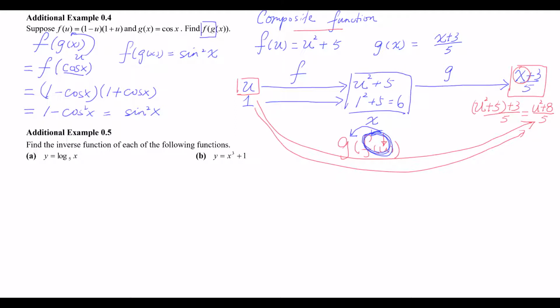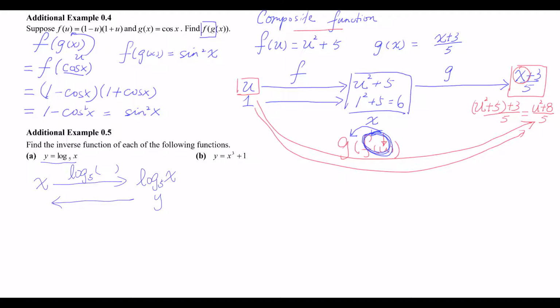Now, if I look at this one, y equals log x with base 5. It means I have x, and I take this function and at the end I get a value, y, and therefore we are going backwards.